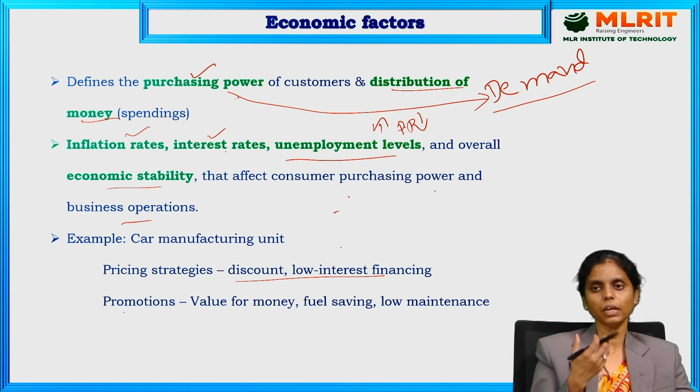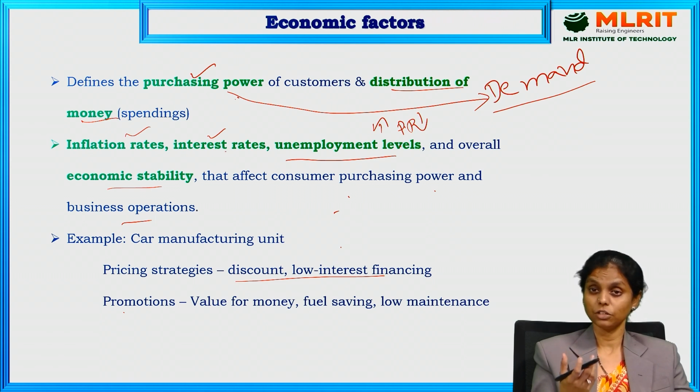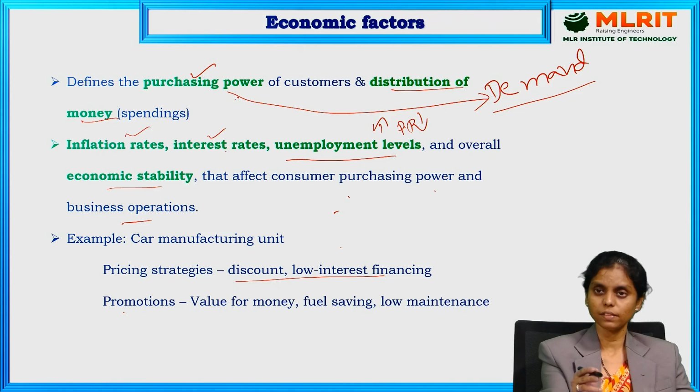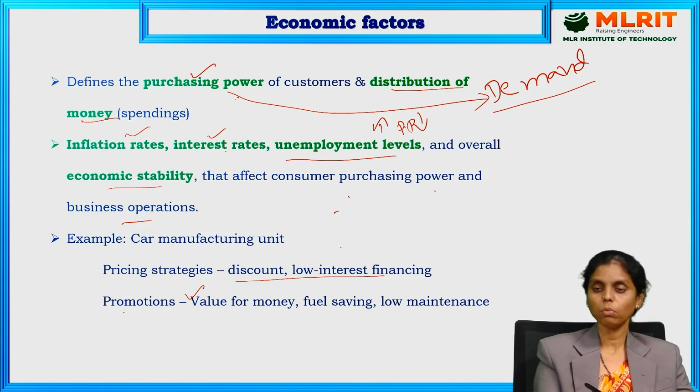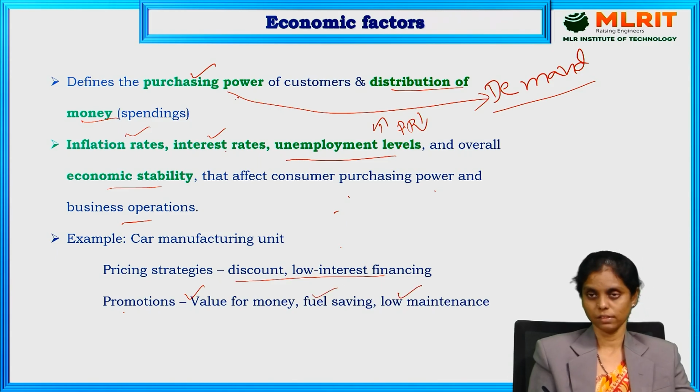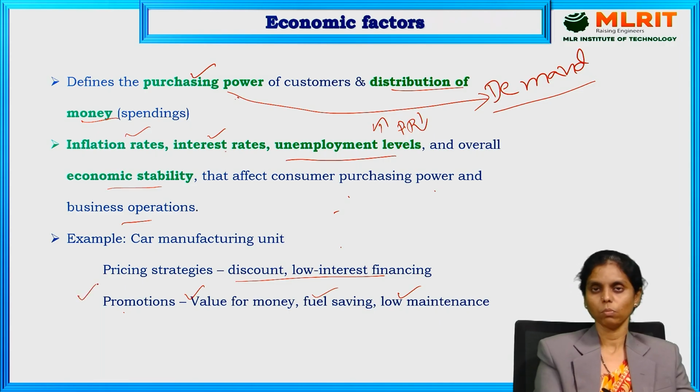There are different elements that we have, like quality, quantity, features of that product, stylishness of that product, budget of that product, etc. Now, if we are promoting depending upon the economic factors, then we will inform the public about value for money, fuel saving of that car, low maintenance, etc. So these are the various promotional factors that are influencing the customers with respect to promotion of a product.